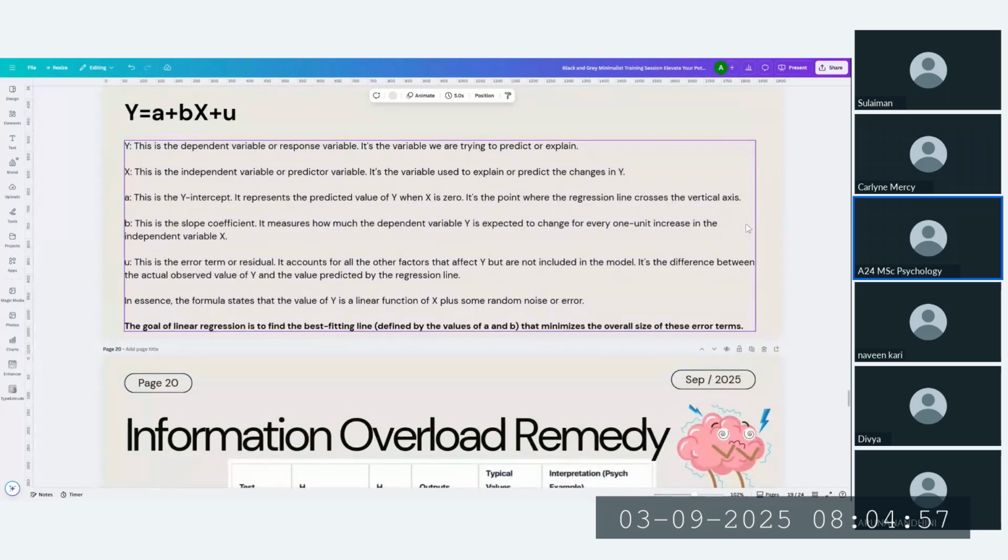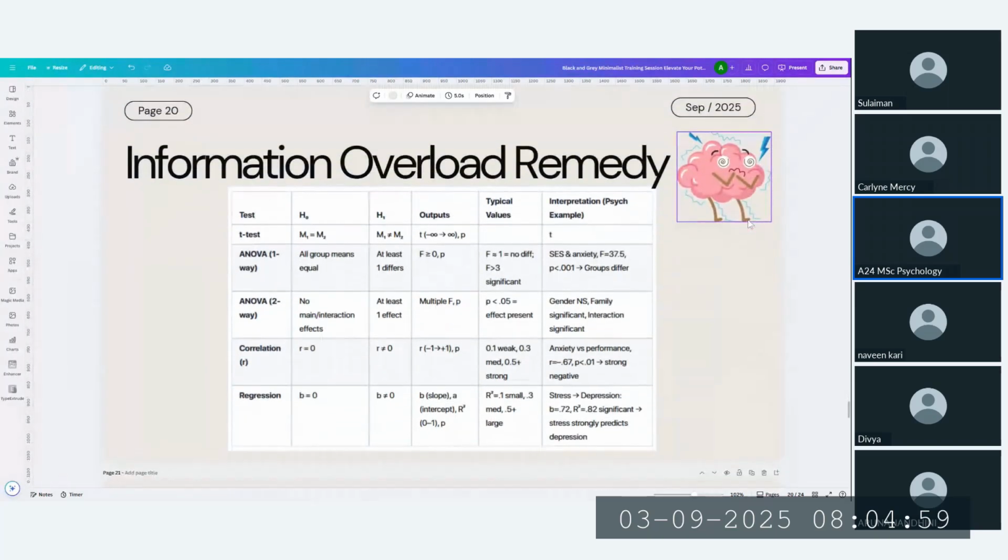Okay, Alan, you have given us so much information. My brain is overloaded. I cannot understand anything anymore. For that, this is a remedy. I put together a simple slide, right, which talks about the null hypothesis, the alternate hypothesis, what outputs you expect from each of these tests, the typical values, right, and how to interpret those values.